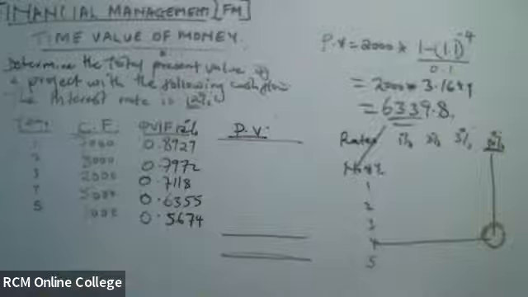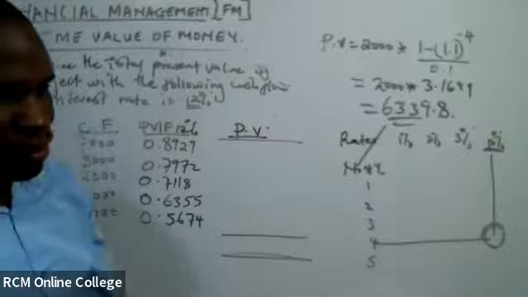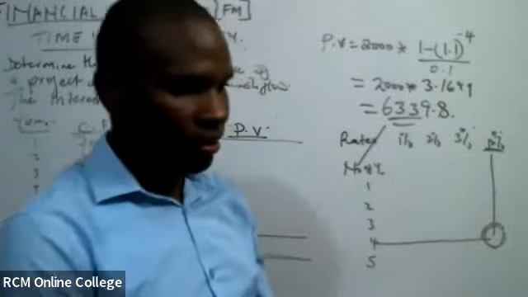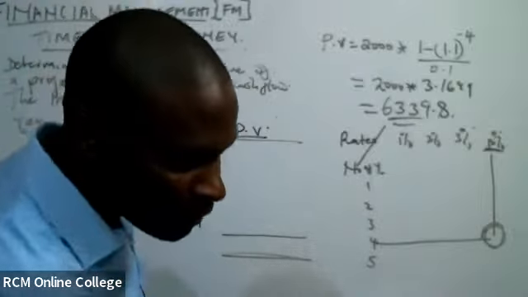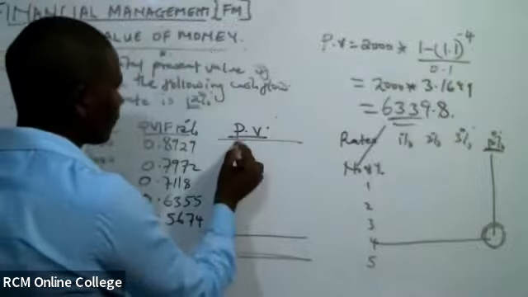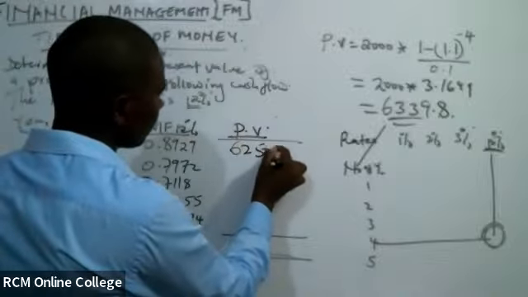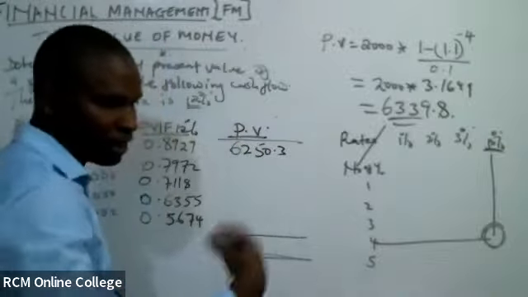Aya, ya kwanza tunapata ngapi? For the interest of time, 6250.3. Ya pili, very fast.